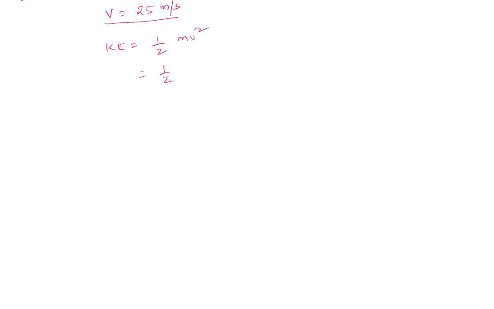So half m, 40,000 Newton is the weight. You have to divide it by the g value, so here we divide by 9.81. So this part is the mass, okay? And then here we write v squared, so 25 squared.